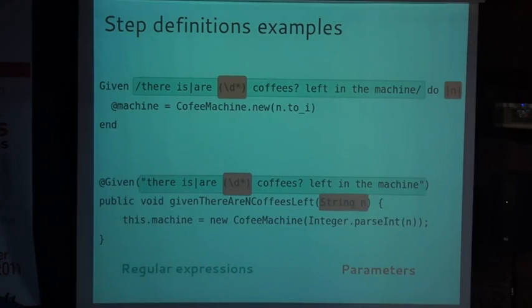And the parameters are defined by putting them in between parentheses, and the tool will take this parameter and pass it into the method. I will show this in Pharo in the demo.